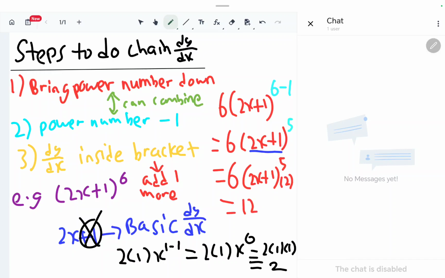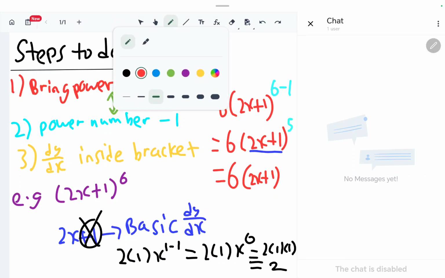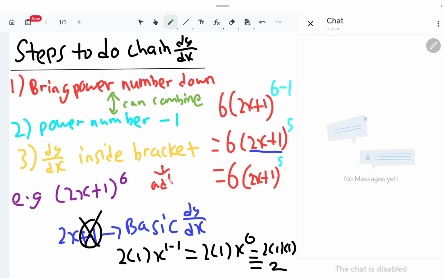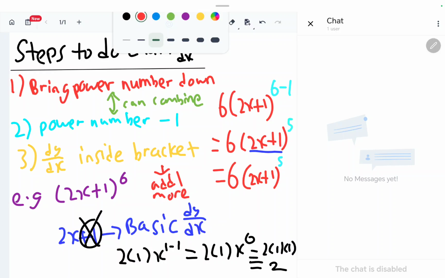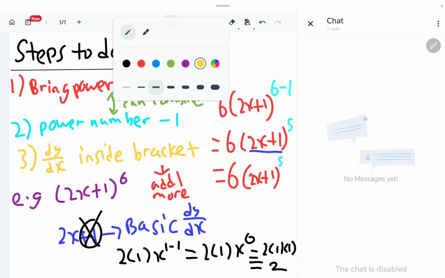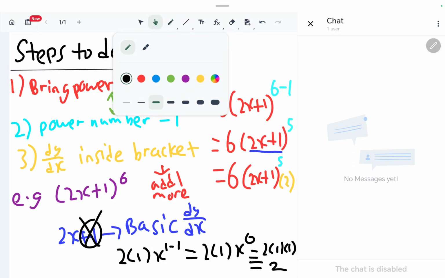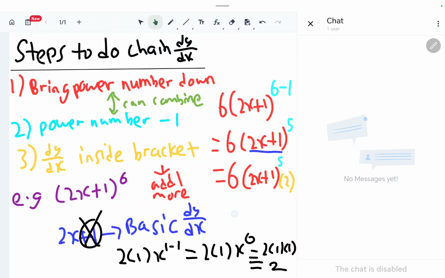So this gives us 12 bracket 2x plus 1 to the power of 5. I'll write it in yellow: this will be a 2. So my final answer, 6 times 2 will be 12 bracket 2x plus 1 to the power of 5.